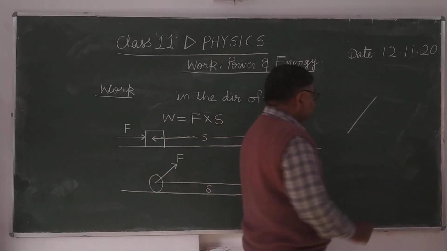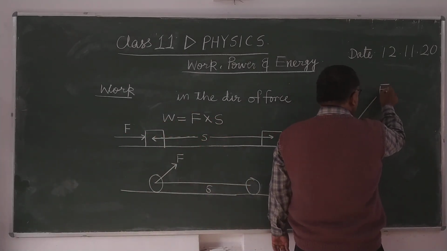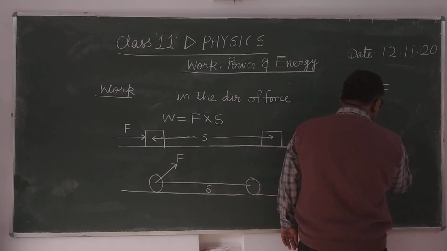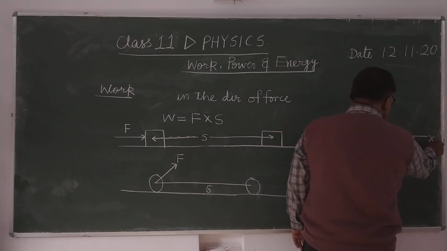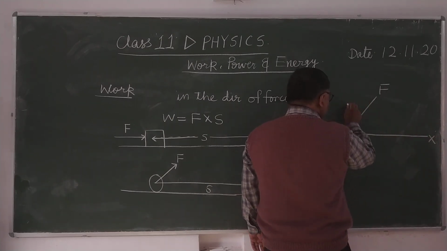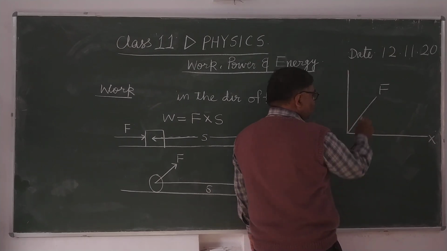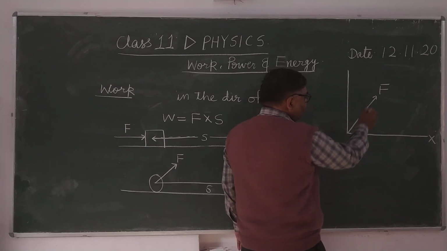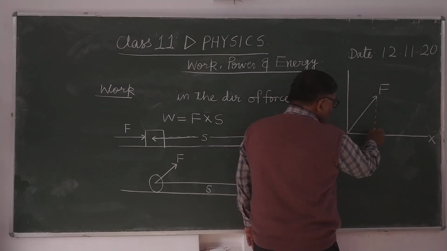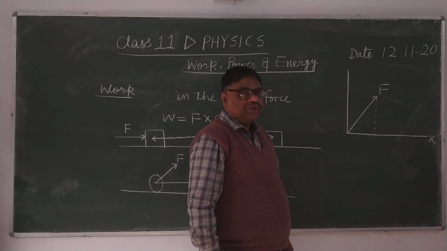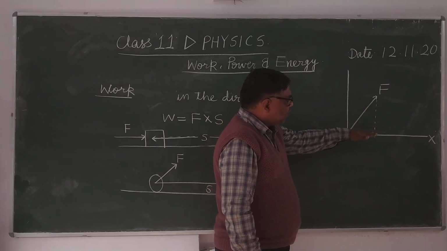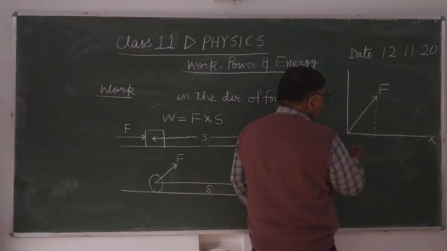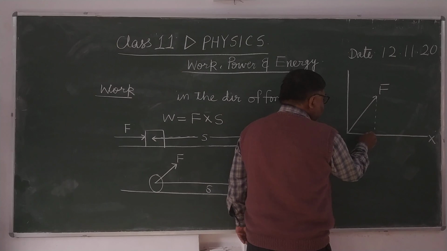For example, here F is the force. You have resolved this force along the x-axis and along the y-axis. So what is the component of force along the x-axis? How will you find that? I have already told you in the vector chapter.